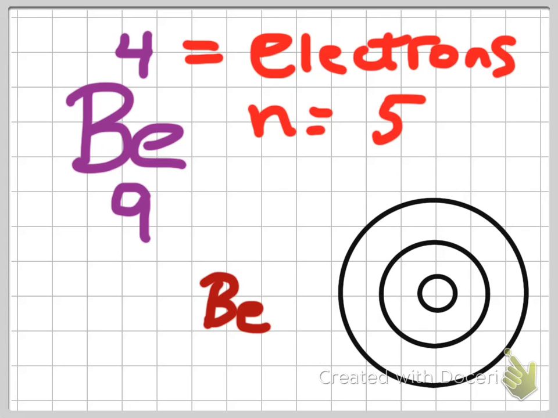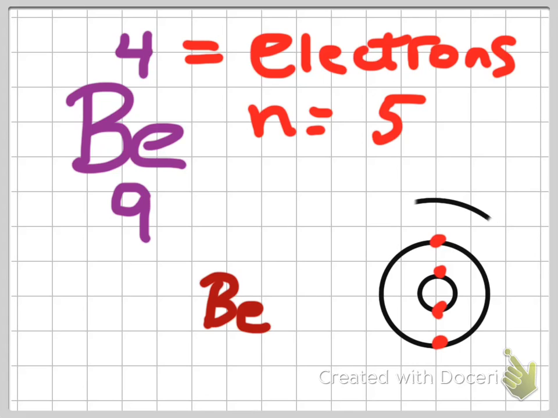And we're gonna go ahead and place the electrons on here. 1, 2, 3, 4. Okay, so I'm gonna take this one away, and we're gonna place the valence electrons on here.